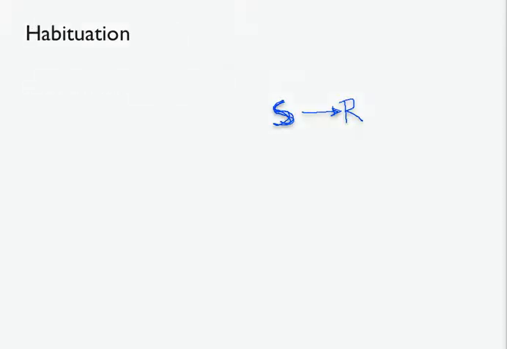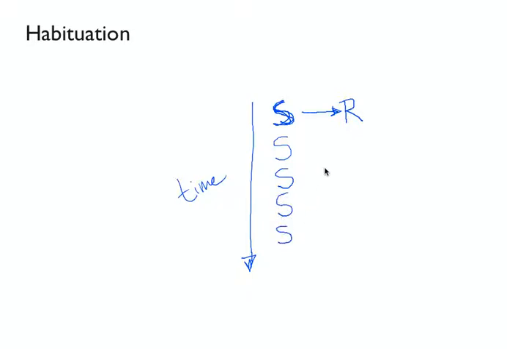Now, when we're talking about habituation, what are we referring to? Well, some of these elicited responses may habituate. By that we mean that if I present this stimulus repeatedly, so this is time, and I'm presenting the same stimulus over and over with the same level of intensity.